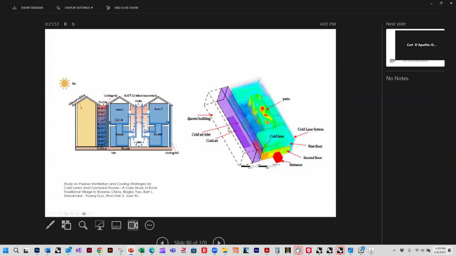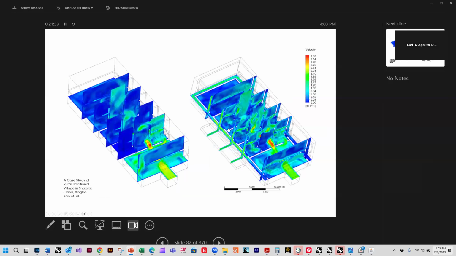And if you make holes, it creates a thermosiphon through the entire house. Something like that. And this is the way this is typically done, because modeling the whole thing is almost impossible, so people do it in cross section. You can see the air getting sucked through from the street and dispersing itself throughout the house in that way.